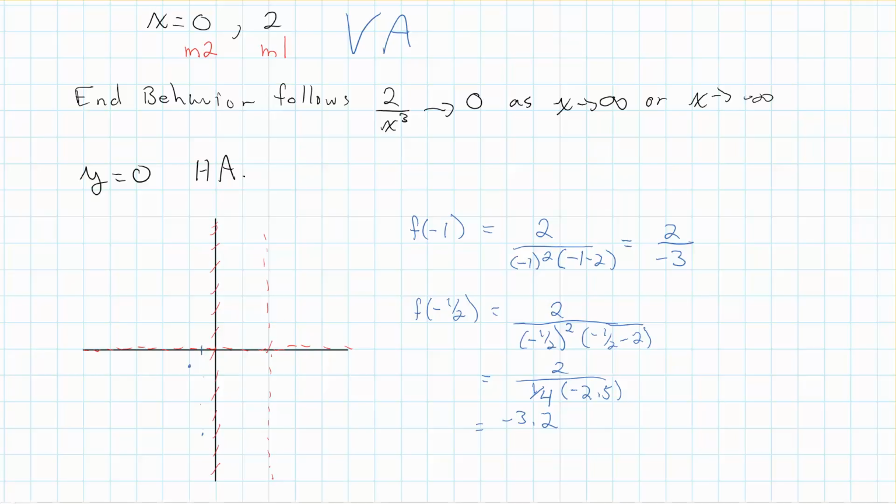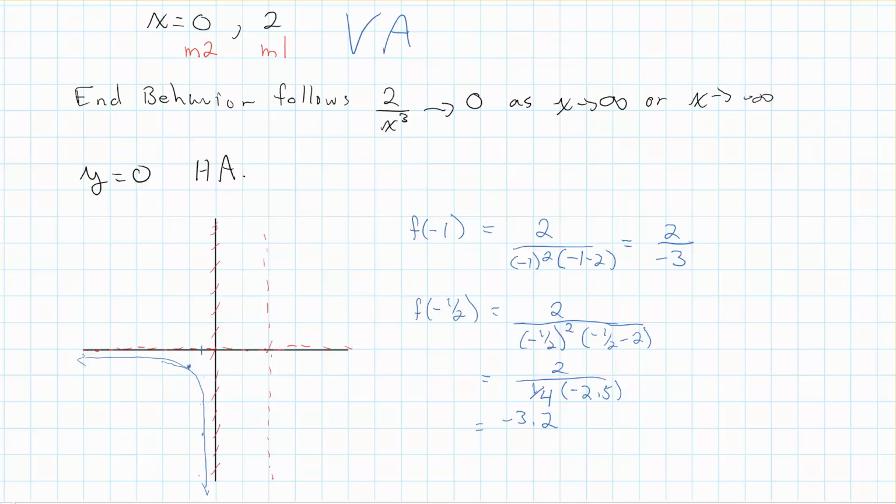In fact, technically, I can sketch it without any more information here, and I'll show you how. Because once I have this here, I've got my horizontal asymptote like this, and then I know that this is going to come down and go to the vertical asymptote. But then what else do I know?